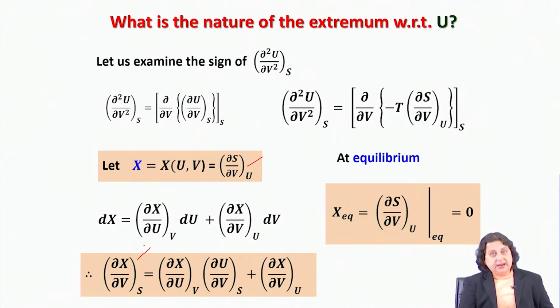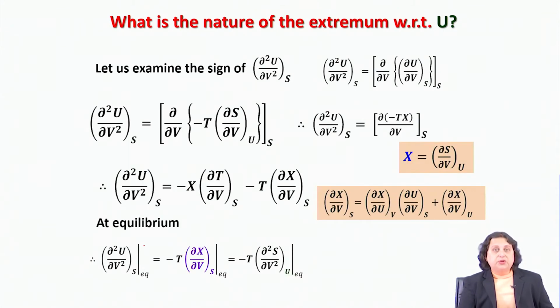Please note that at equilibrium, the value of x is going to be equal to 0 because we have already shown that the first order partial derivative of entropy with respect to volume, keeping U constant, is equal to 0.